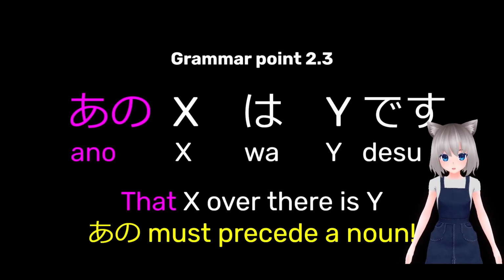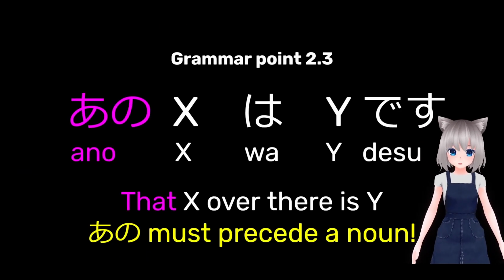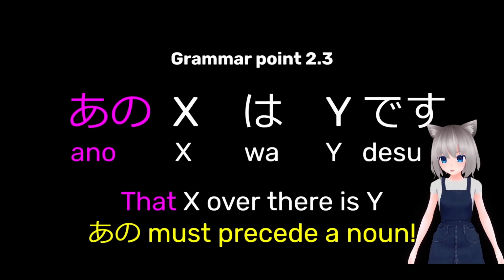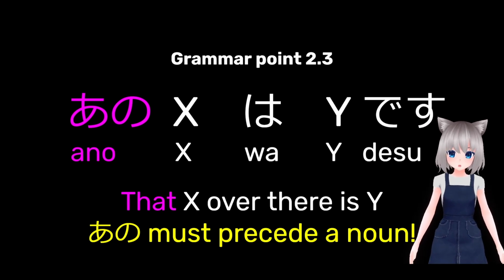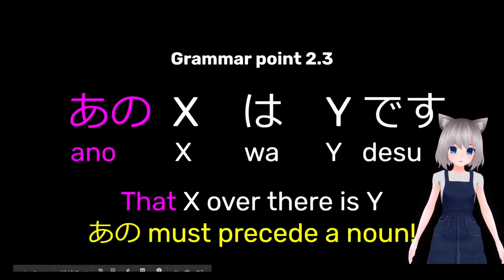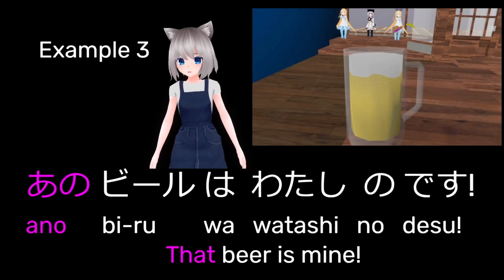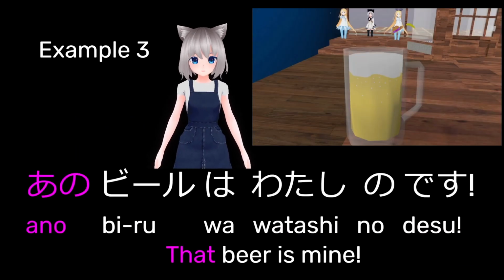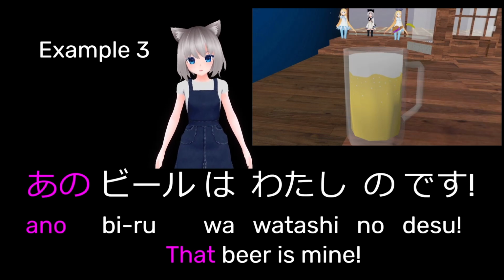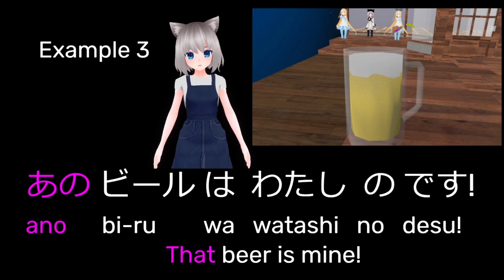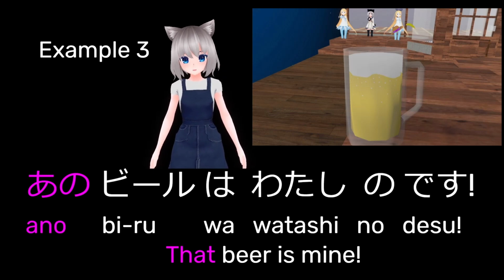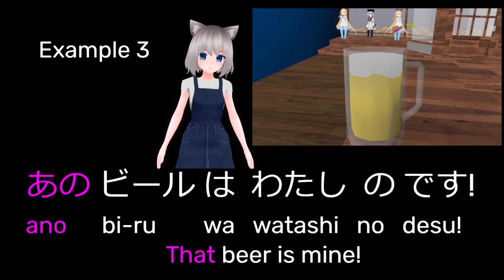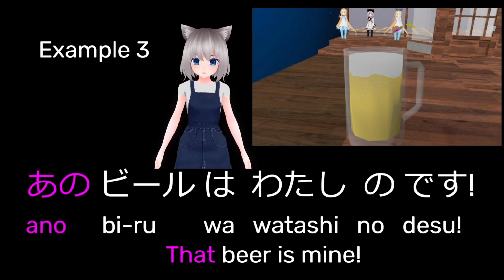Okay. The other one, あの X は Y です。あの is away from both the speaker and the person you're speaking to. That thing over there, X, is Y. For example, あのビールは私のです。The no particle in 私の means mine. We learned the no particle as possession. That beer over there is mine.